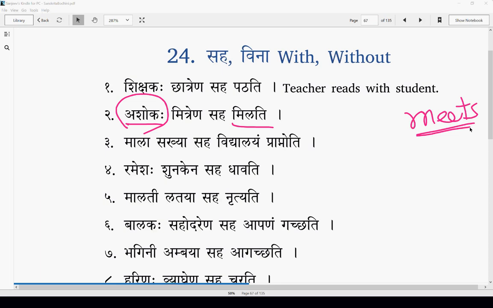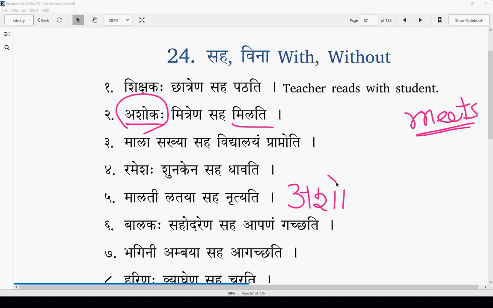So when we say in English, I am meeting my friend, or Ashoka meets his friend, the reverse translation into Sanskrit is generally Ashoka mitram milati, in Dvitiya Vibhakti, which is incorrect.